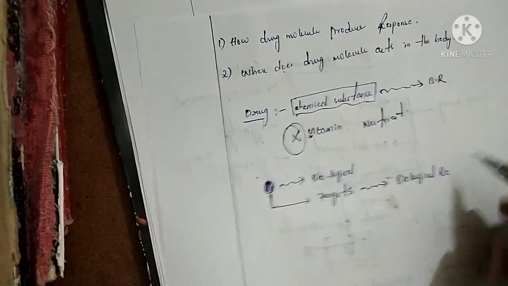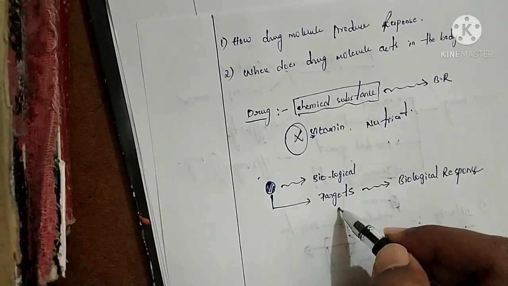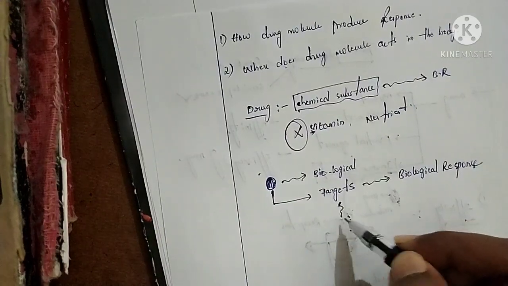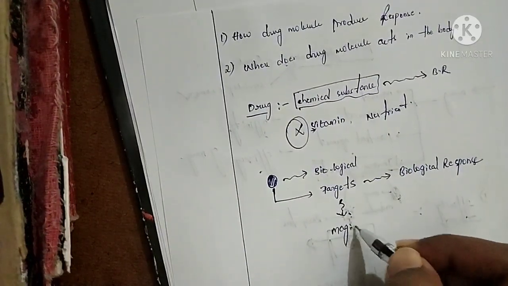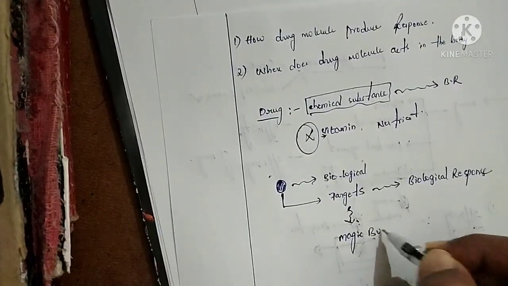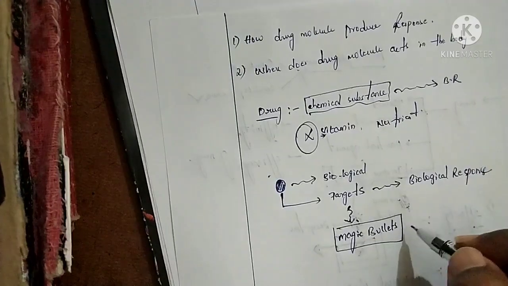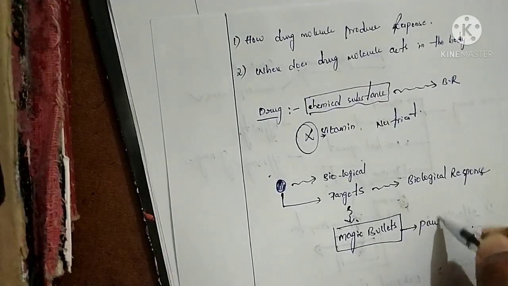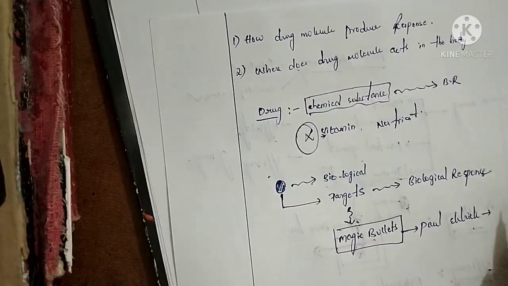In olden days, these target molecules were given a term known as magic bullets. The term was given by Paul Ehrlich, the father of chemotherapy.